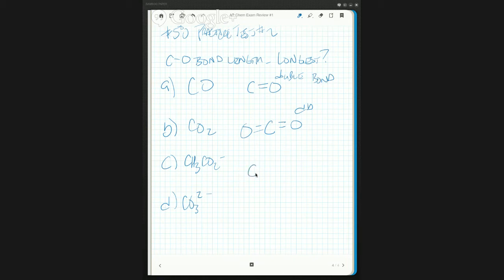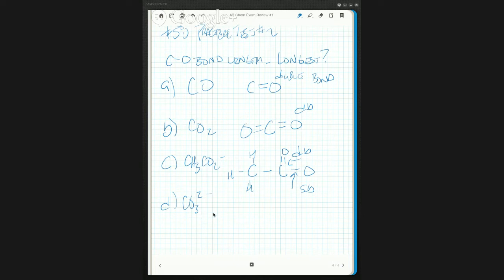CH3, so C has 3 H's here. It goes to a C, which is going to a double bond here, another O here, and it's just 1 minus. Okay, so you've got a double bond here, and you have a single bond here.